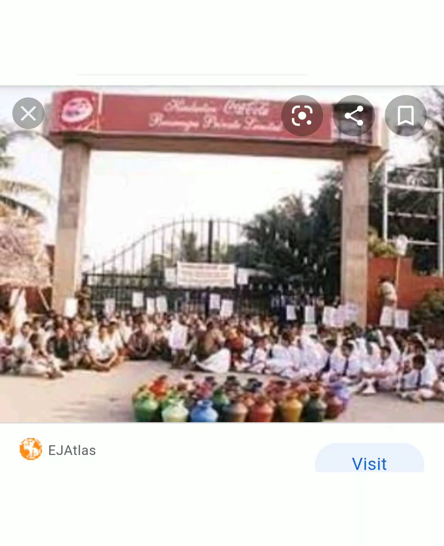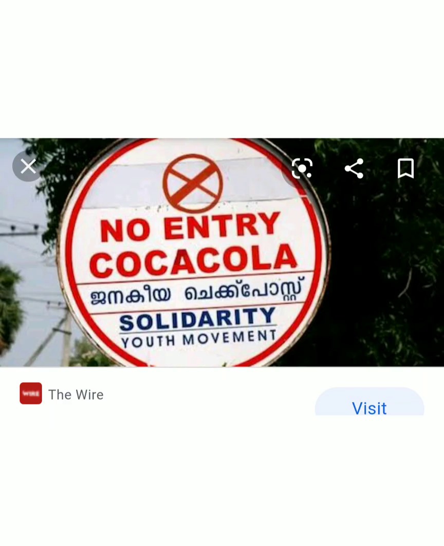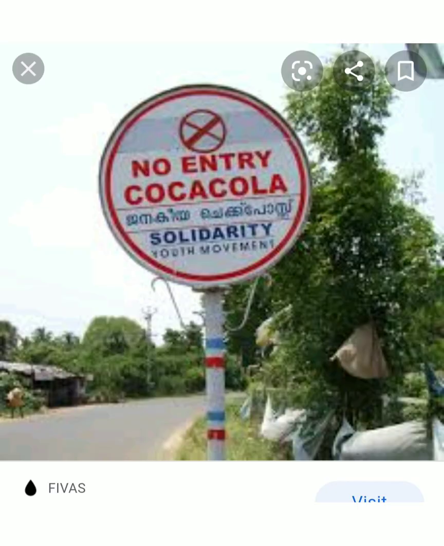Have you ever heard about the Plachimada agitation in Palakkad district? It is against the Coca-Cola factory there. It's in the year 2000. Coca-Cola started a factory at Plachimada in Perumatti Panchayat of Palakkad.